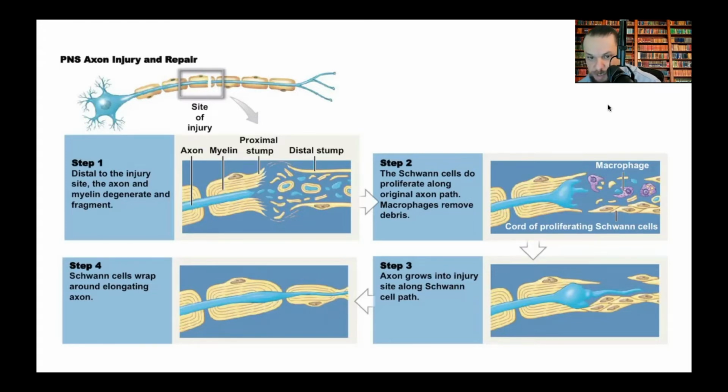So here we see what happens: there's an injury, right? The myelin fragment degenerates. We see these macrophages eating up the debris. But afterwards, the axon reforms the myelin sheath.